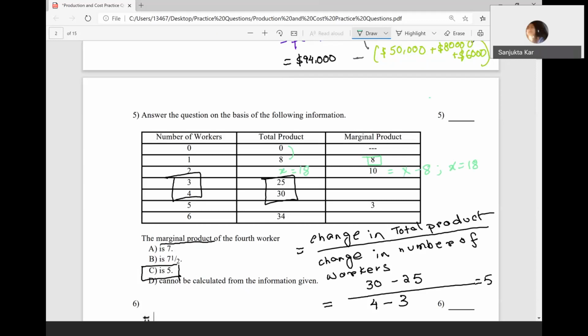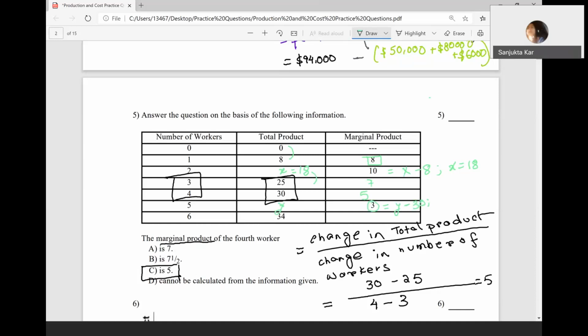Now we found out this one here. What will be this number? So this number is equal to 25 minus 18, which is equal to 7. Now, if this one is equal to y, I would say this number 3 is equal to y minus 30.